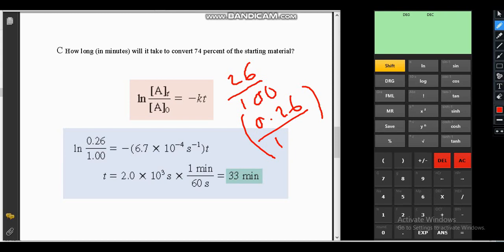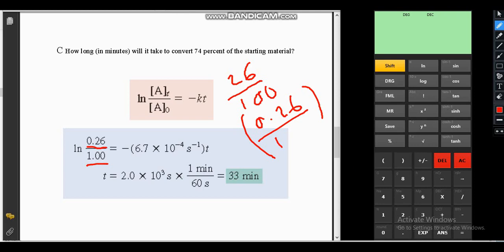So when 74% of the starting material has been used, 26% of it is remaining. So we'll use 0.26 over 1 as the fraction in our mathematics.